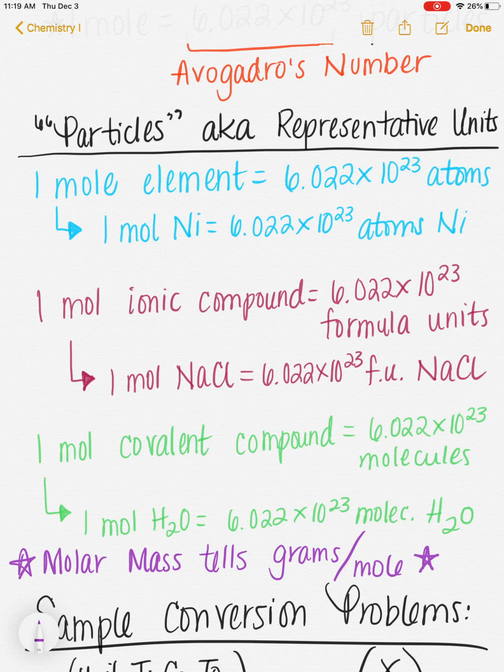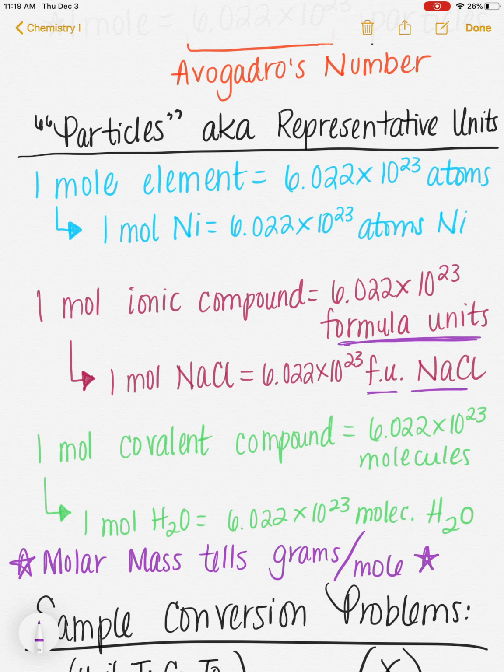1 mole of an ionic compound, though, has 6.022 times 10 to the 23rd formula units. The abbreviation for formula units is a small f period small u. Be careful with that one. 1 mole of sodium chloride, for example, since sodium chloride is ionic, contains 6.022 times 10 to the 23rd formula units of sodium chloride.